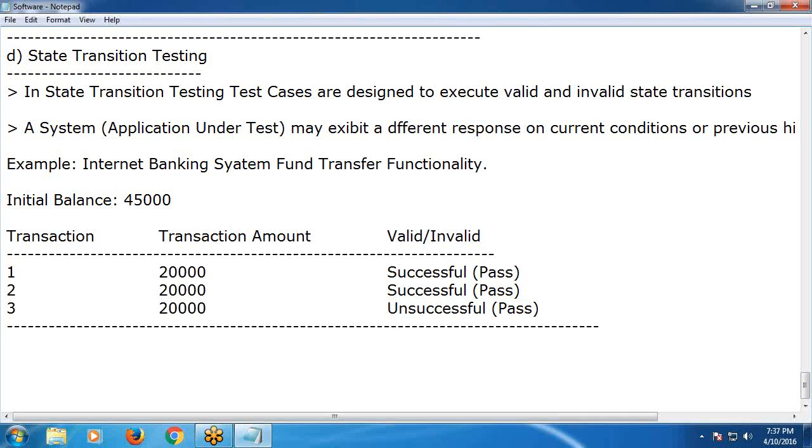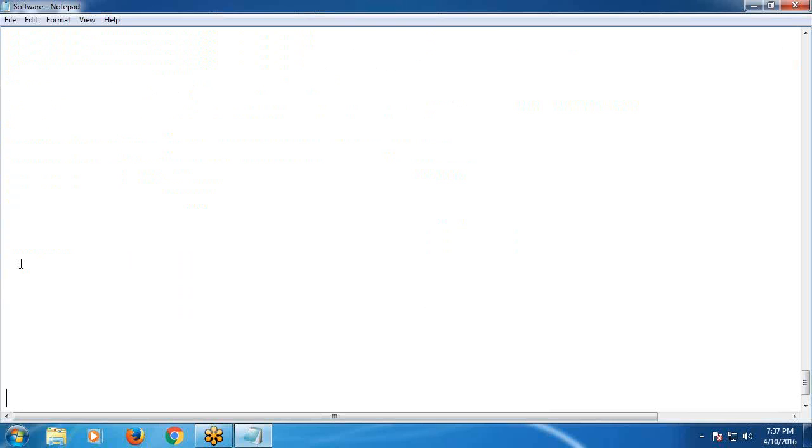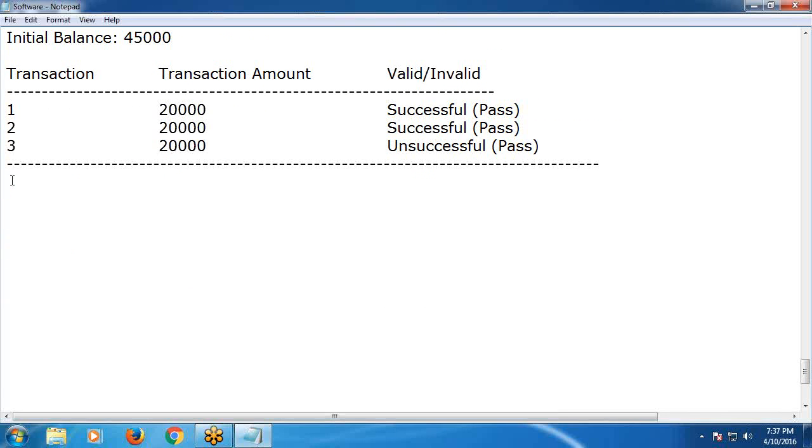Same expected, na. But here input same, operation also fund transfer, but based on that state, expectations vary, isn't it? Yes, sir.